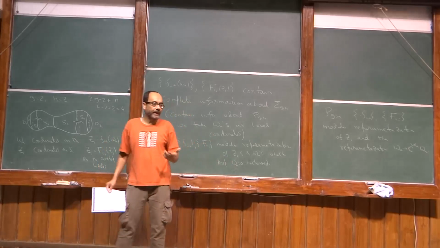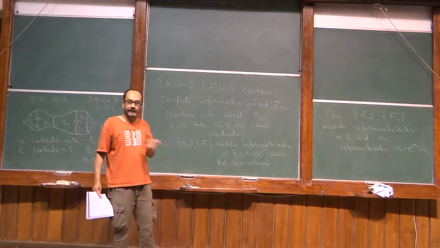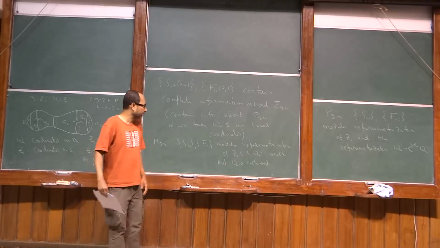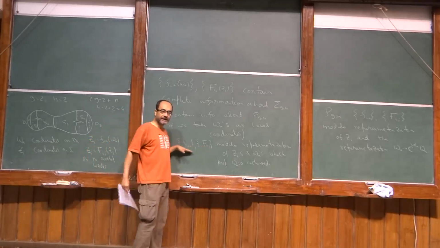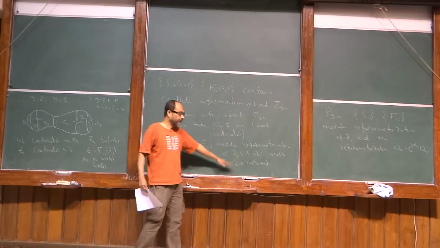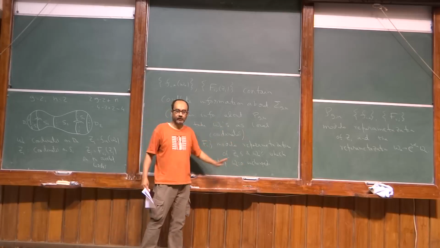Okay, this will be the view of MGN that will be taken. So the integration over the locations of the punctures in this language will be integration over the space spanned by Fij and Fij modulo these transformations.